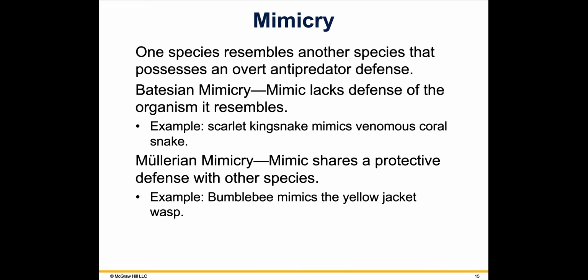King snakes are harmless. You can even have them as pets. Coral snakes are venomous and are dangerous. Then there's Mullerian mimicry, which is that the mimic shares a defense, such as bumblebees are black and yellow jackets are black and yellow. Both can sting you.